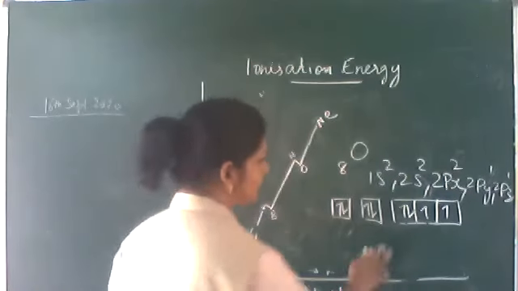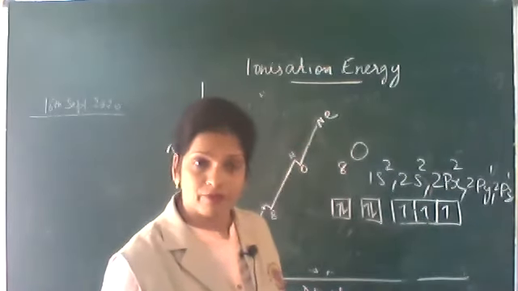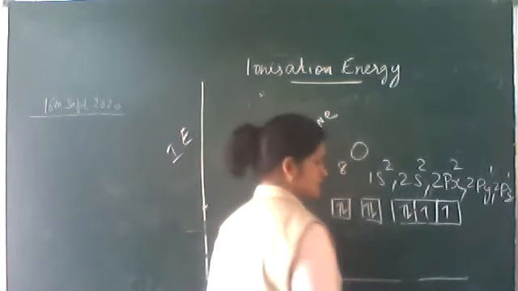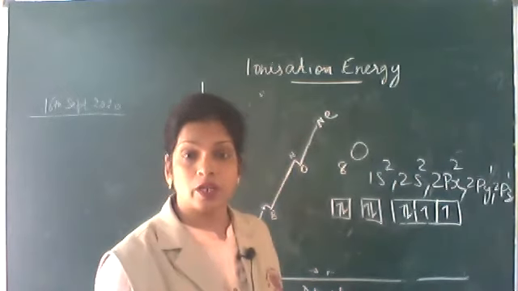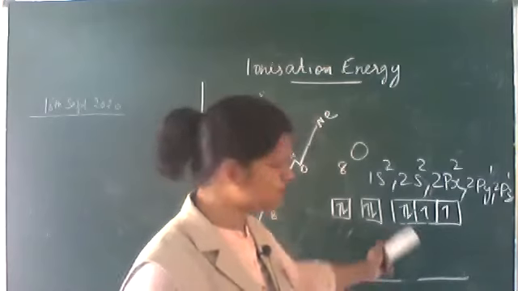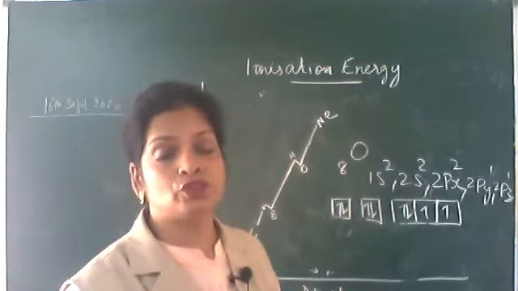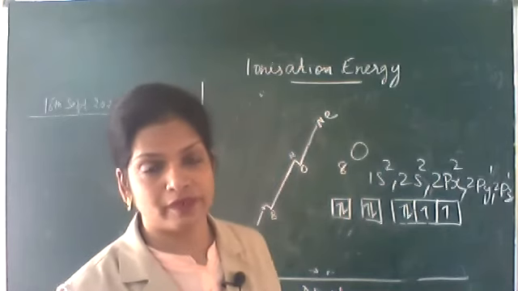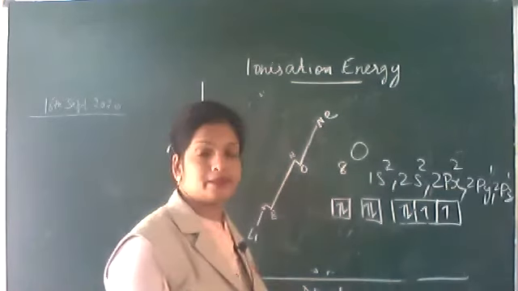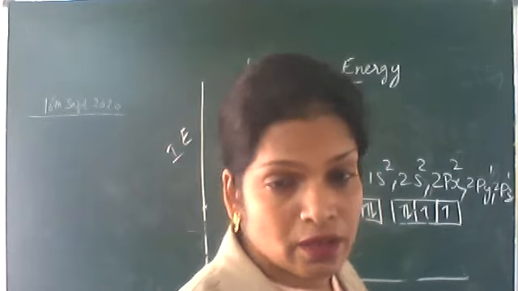Before that, nitrogen has half-filled stability. But after nitrogen, there is electron-electron repulsion, so you have to supply only a very small amount of energy in the case of oxygen. So there is a dip at boron and a dip at oxygen. These are the exceptions.